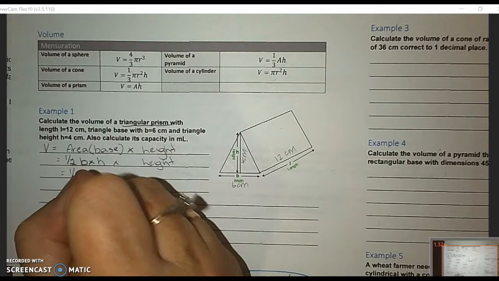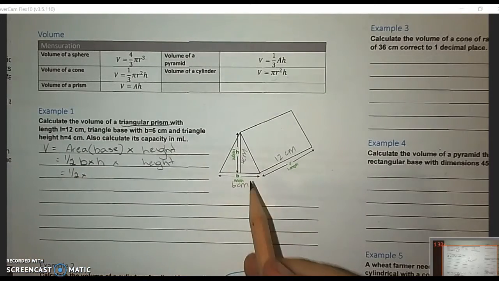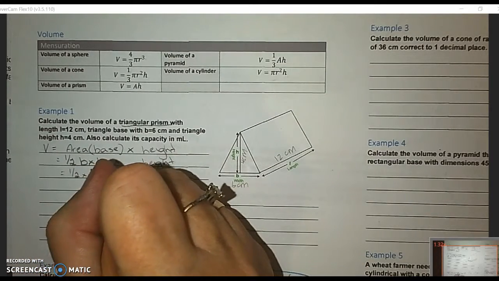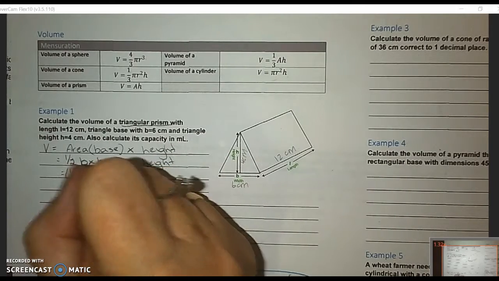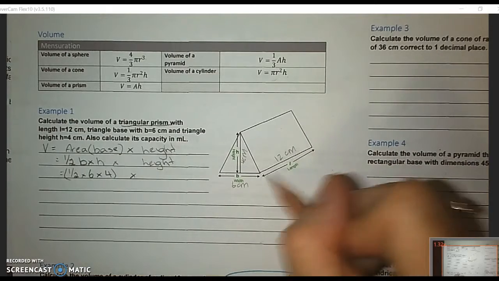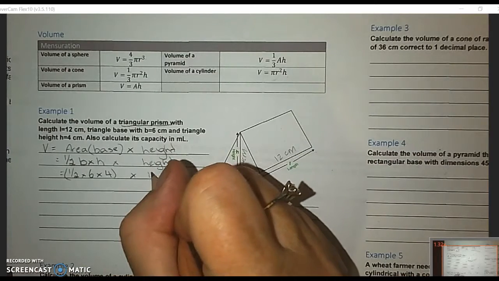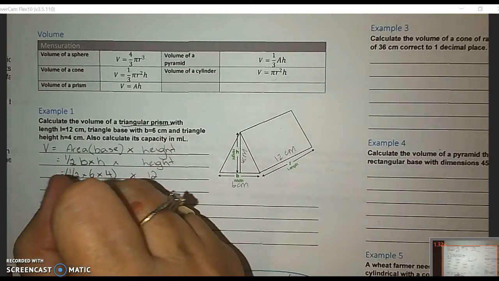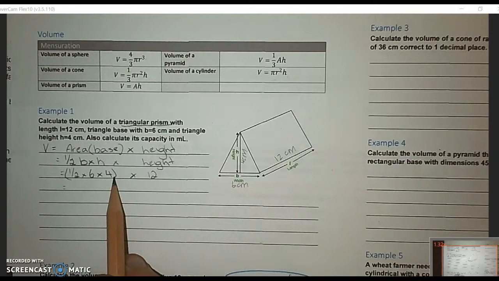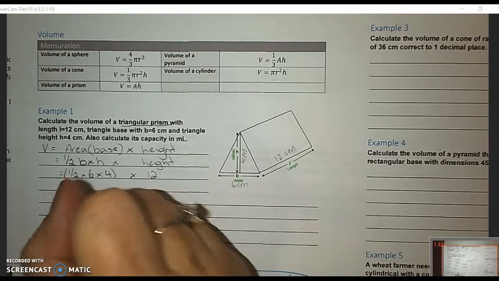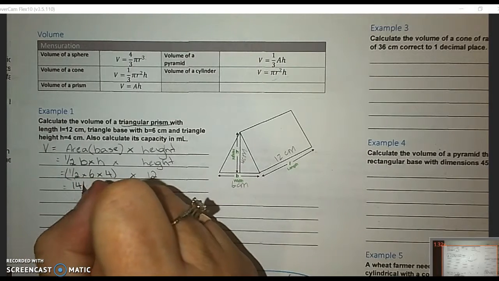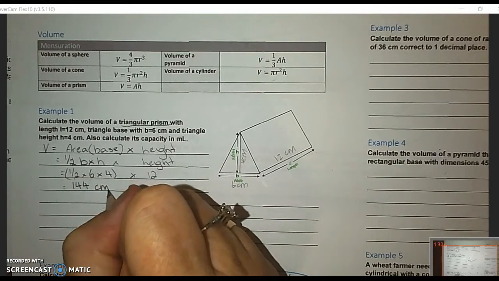And now we fill in, so half, here's our triangle, 6 times 4, and our length here is 12. So 6 times 4 is 24. Half of 24 is 12. 144 centimeters cubed.